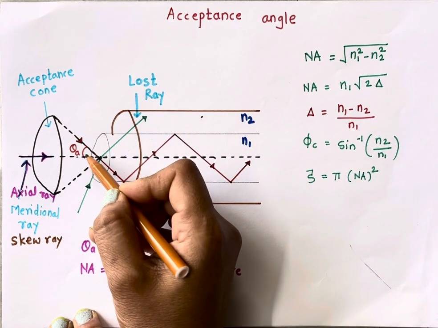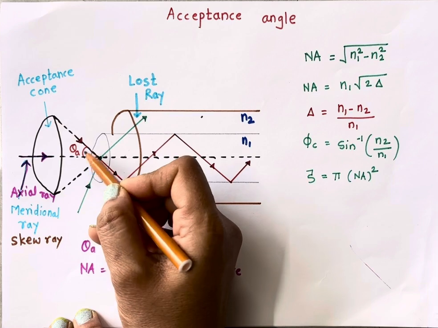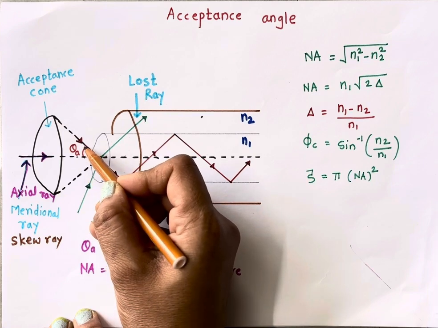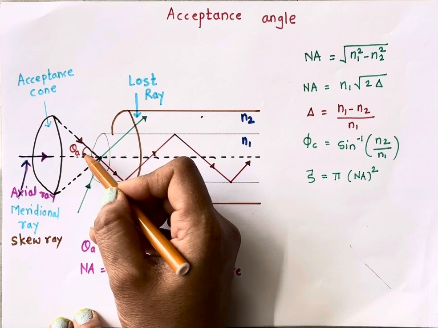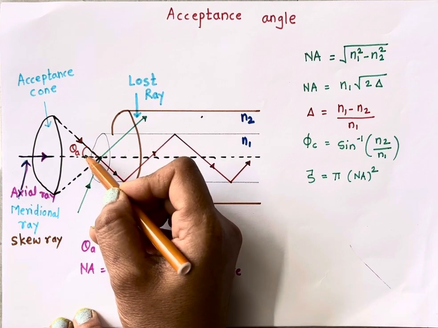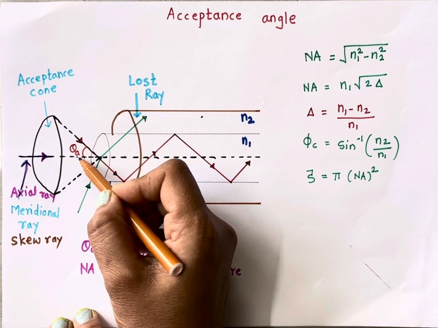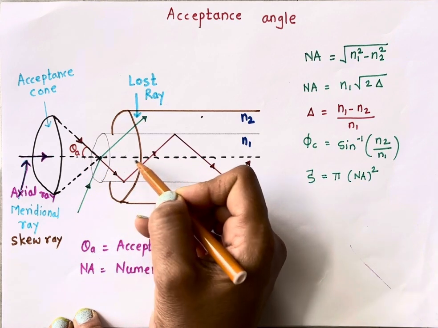So when light ray falls in this acceptance cone, this is called as angle of acceptance. So it is the maximum angle. Acceptance angle is the maximum angle with the axis of the fiber.